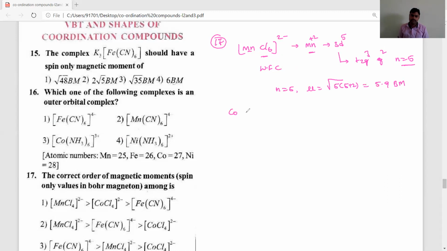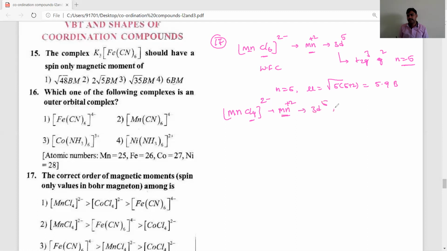Next, see the complex. Sorry, dear students, the given complex is with coordination number 4 only, [MnCl4]2-. The manganese oxidation number is +2, which means 3d5.